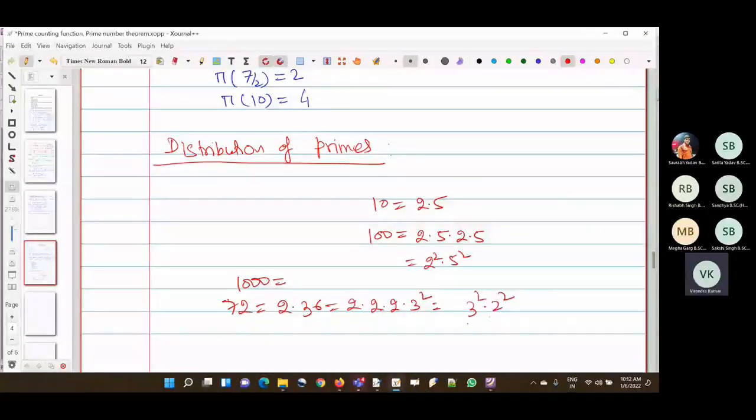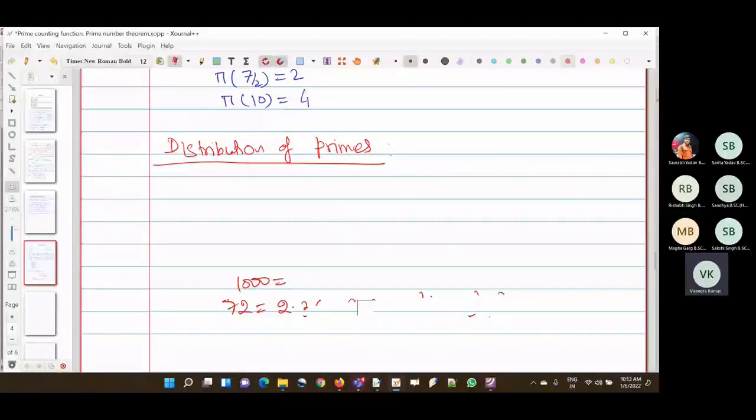So 3 and 2 are prime. So every natural number can be written as a product of primes. This is the fundamental theorem on prime numbers.